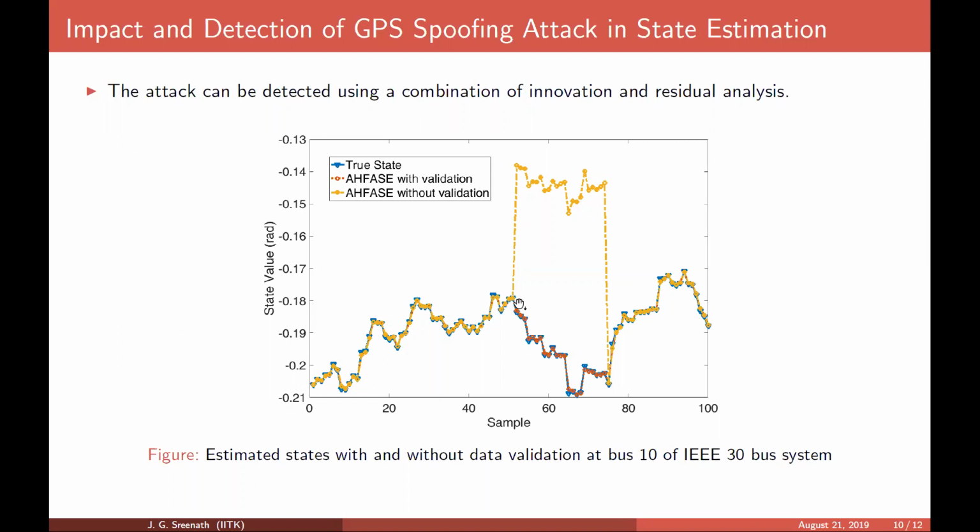Here I'm using a combination of innovation and residual analysis, an algorithm-based technique. If you are able to detect the attack and remove the bad data, in this particular case the spoofed phase angle measurement, your system states can go back to the original values. So this can be removed if you're using a detection algorithm.